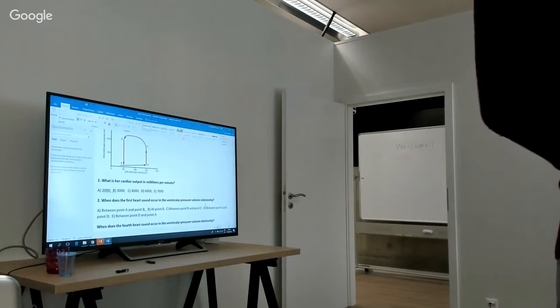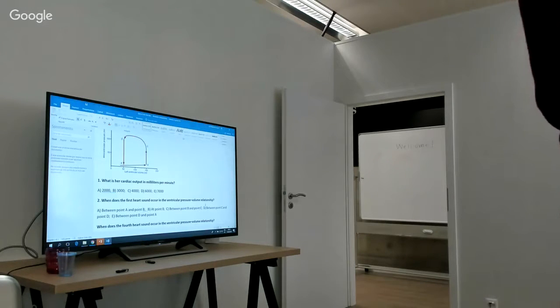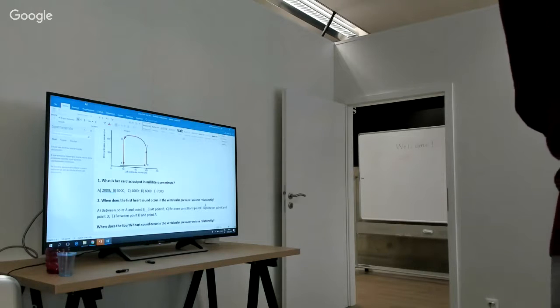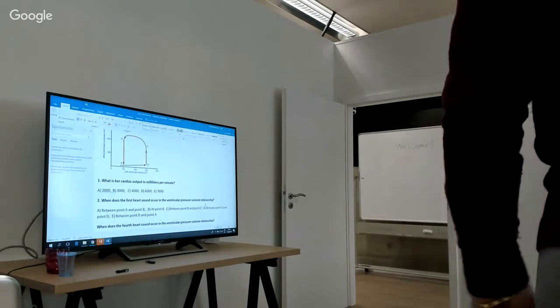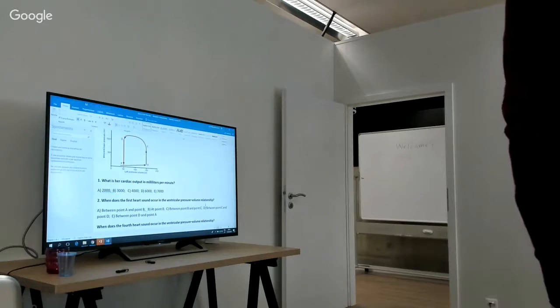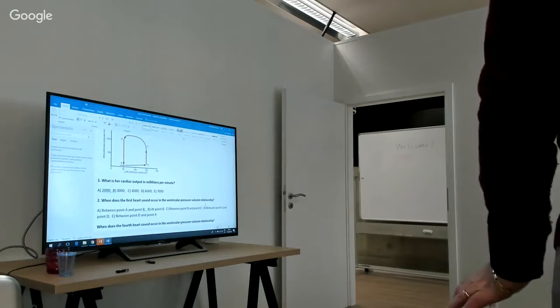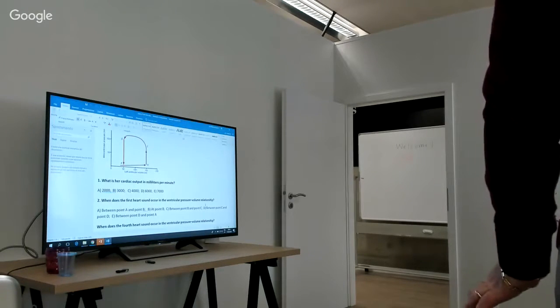It's very similar to the previous question. The ventricular valves are closed, so we are between point B and point C. Which moment? This moment is close. We know the answer. Joanne?